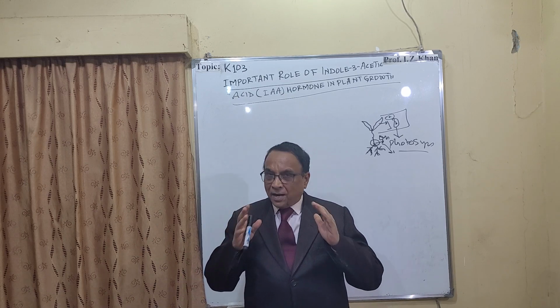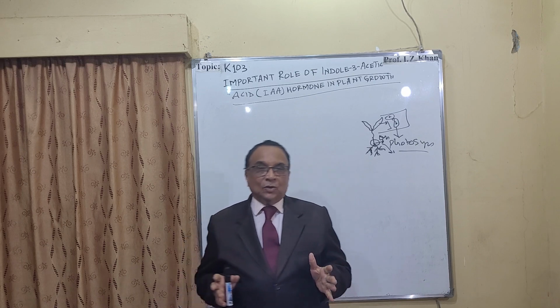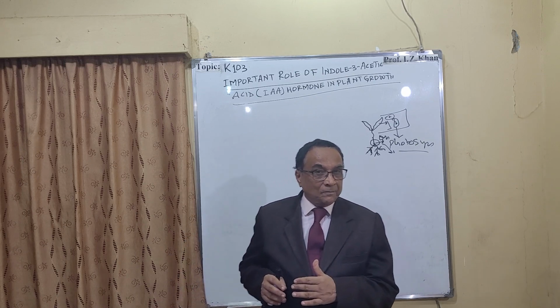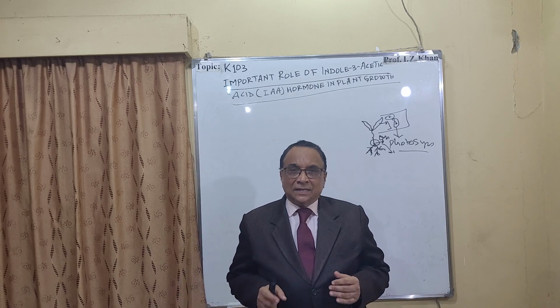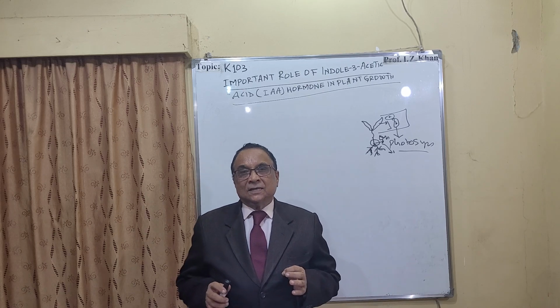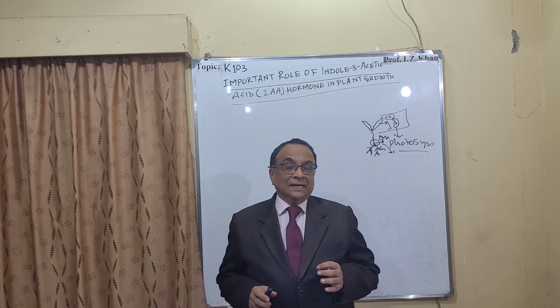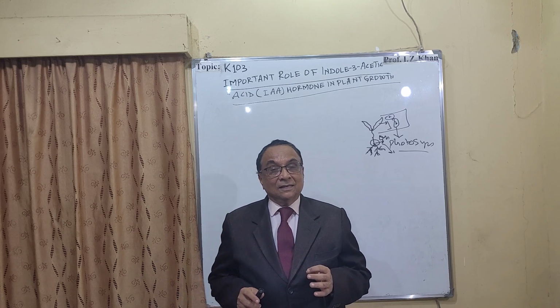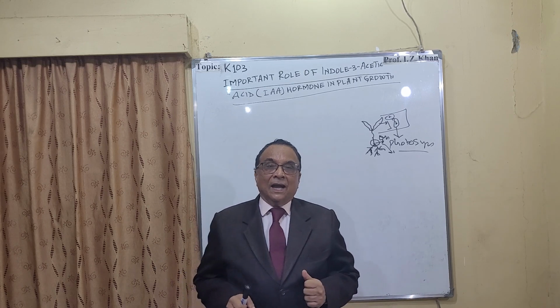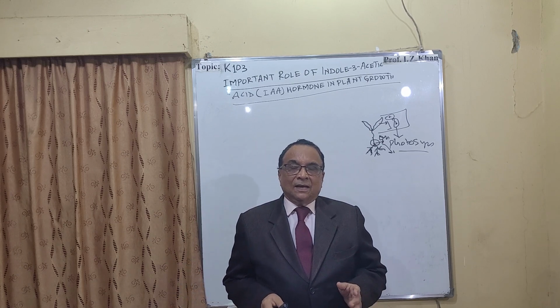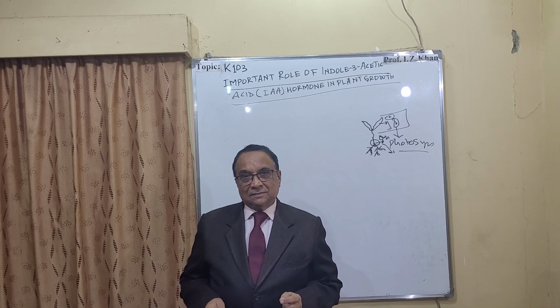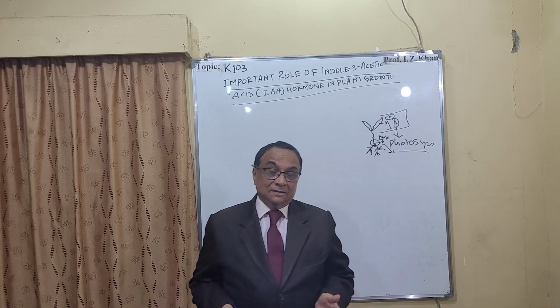And these plant hormones, I have already told you, are found in natural form as well as in synthetic form. In natural form, the most important one is indole 3 acetic acid. And this indole 3-acetic acid is actually a derivative of tryptophan, an amino acid.